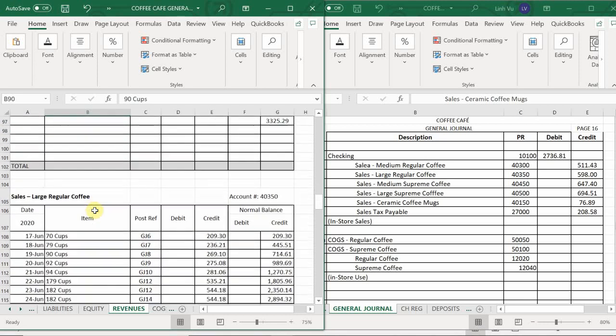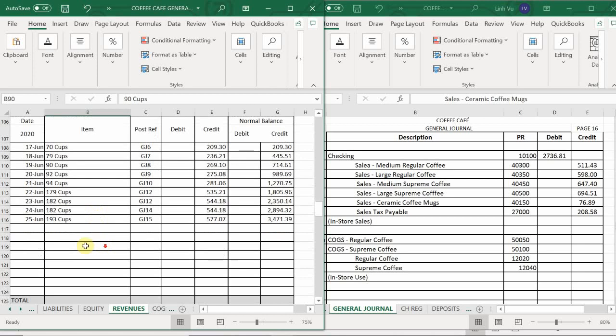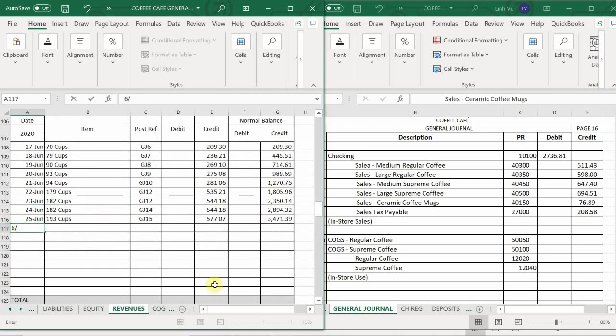Next, large. 626, 200 cups. 598. Balance is 4,069 and 39. Good. 4,069.39.